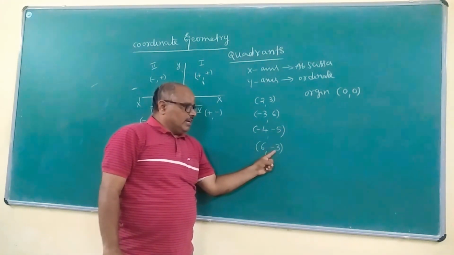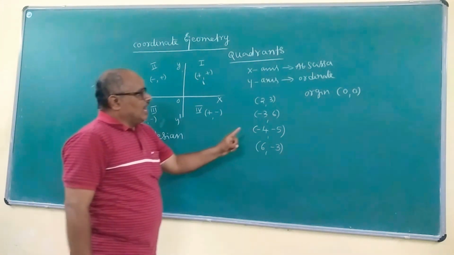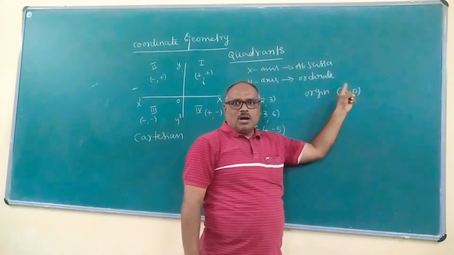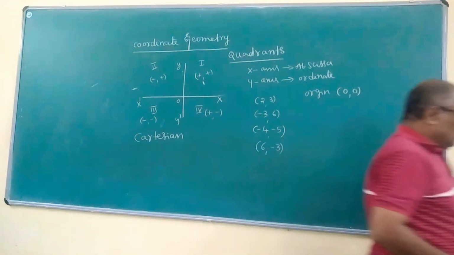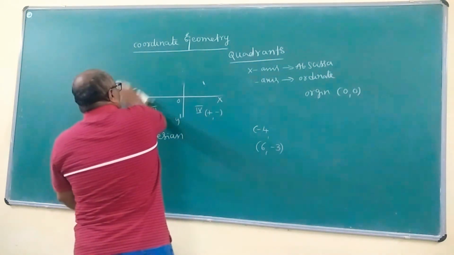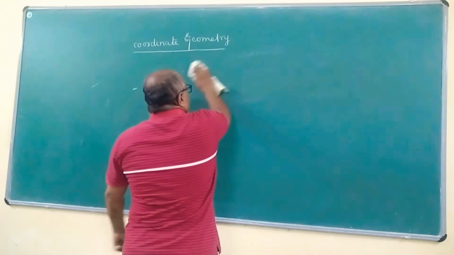Therefore, this coordinate lies in the fourth quadrant, and the coordinate of the origin is (0, 0). One more important point on this topic is the distance formula.